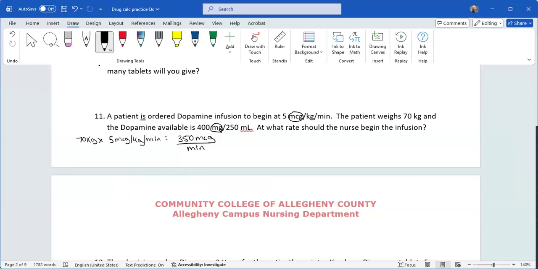What I would recommend doing, before you even consider making that transition, because you're looking for ml per hour, and just in case you didn't know that, anytime they ask you to calculate an infusion rate, they're asking you to calculate in ml per hour, I would go ahead and just convert that minutes to hours, just so you have a nice big number to convert micrograms per hour to milligrams per hour.